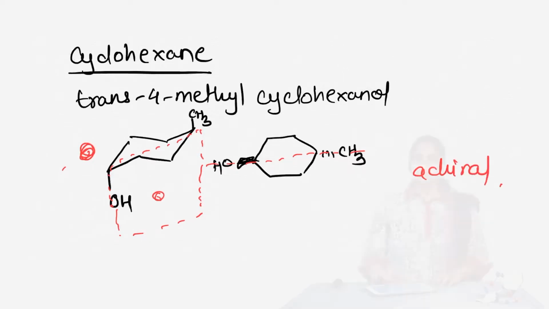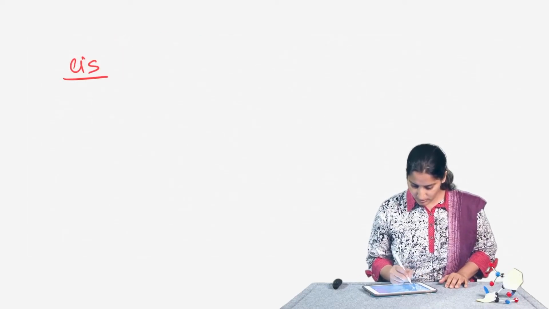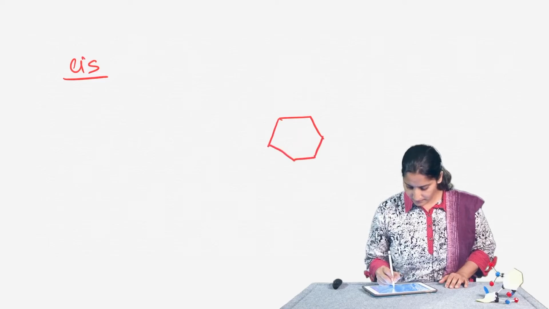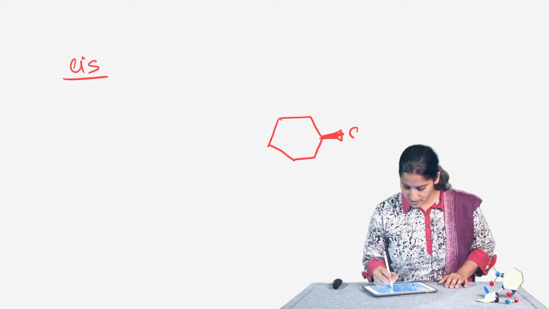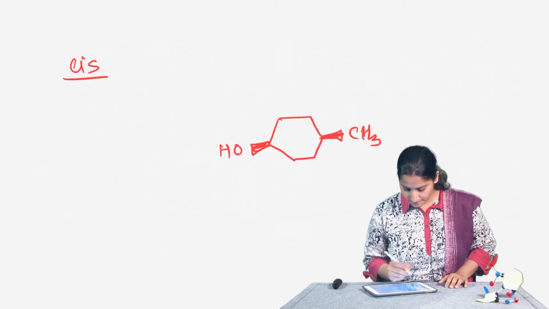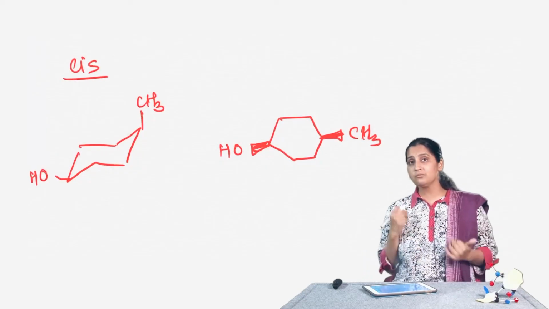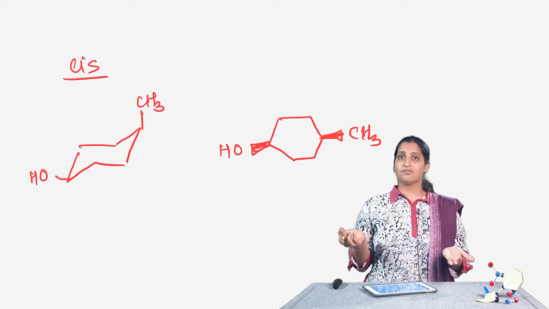Okay. Now, let us do the same thing for cis. In the case of cis molecule, you are going to have both of these groups coming towards you. So, there is a CH3, there is OH, same thing here, CH3 going up, OH going up, right, cis meaning both of them are going up. So, not equatorial or axial.